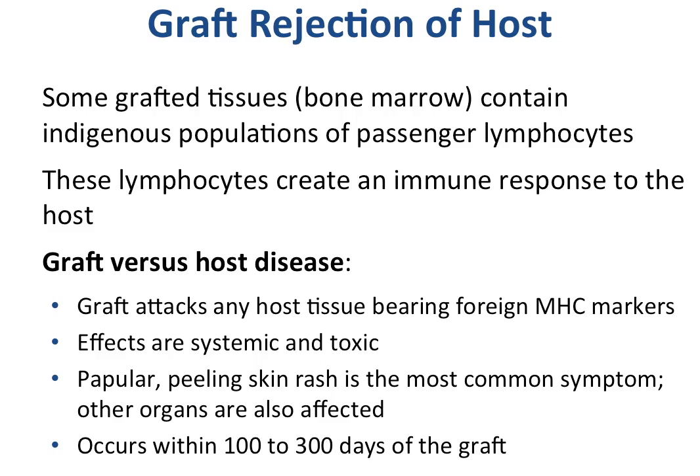Another is the graft rejection of host, which is graft versus host. This happens when we do a bone marrow transplantation. We transplant another person's bone marrow into the patient.